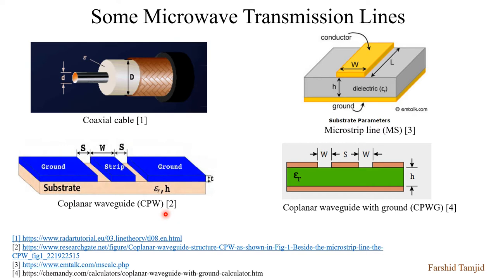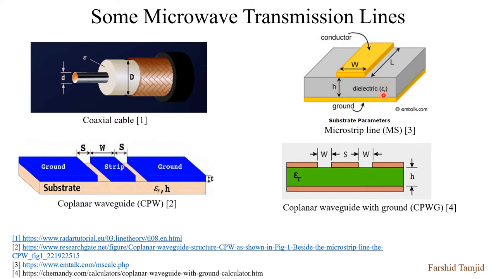There is another structure. Let me talk about this first. A microstrip line. So you have a line here, and a ground plane underneath. There is a dielectric between these two, and the height of the dielectric is called h.